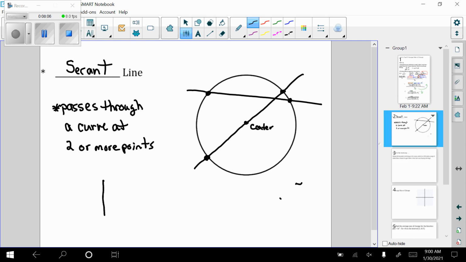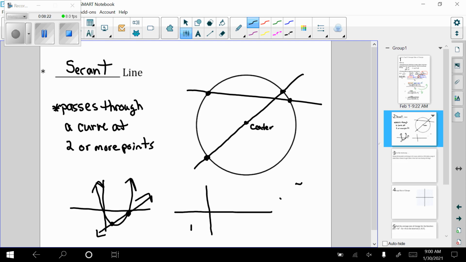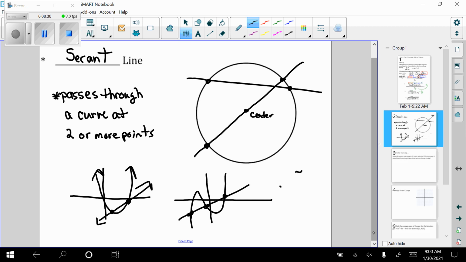If you have a parabola, the secant line could look like this, passes through the curve here. If you have a polynomial, something that maybe looks like this, you could have a secant line that passes through 1, 2, 3 points. So that secant line is what's going to help us calculate the average rate of change between 2 points on a graph.